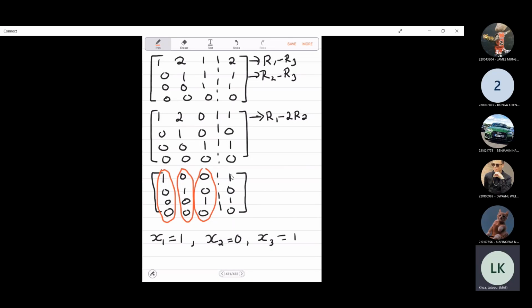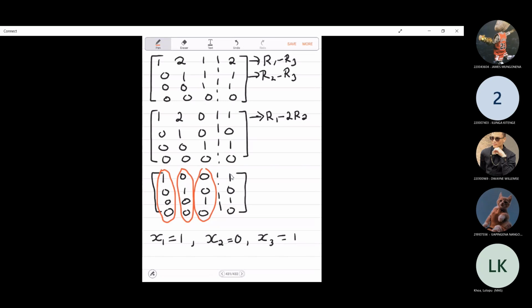Okay, so when we're looking for the rank and the basis of a matrix, what we want to do is figure out how many of these unit column matrices we have.